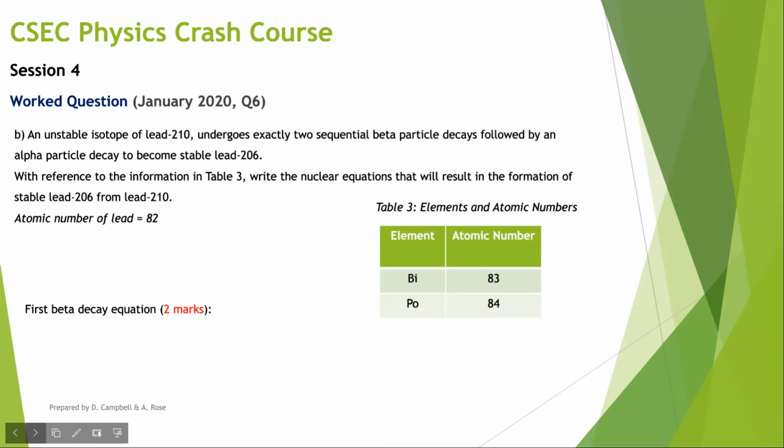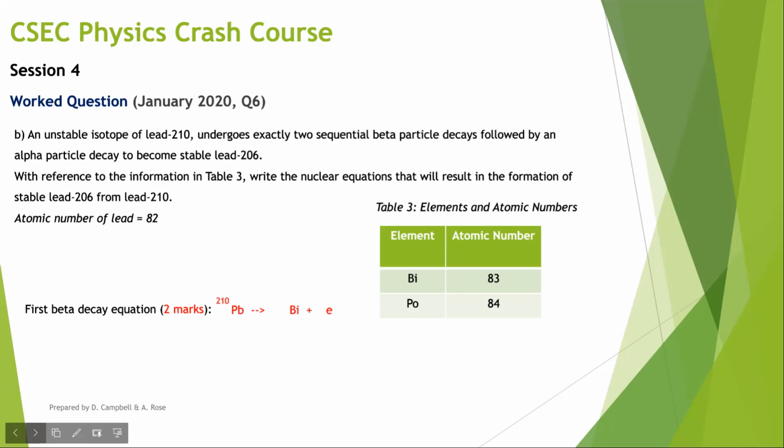So you're first asked to write the first beta decay equation. Now remember that whenever there is radioactive decay, it follows the law of conservation of mass and charge. So we will start off with lead-210.